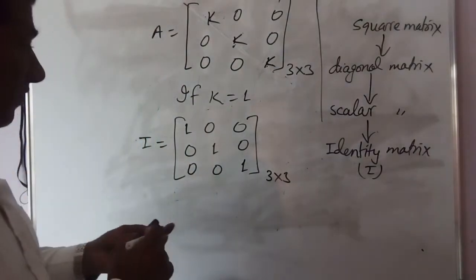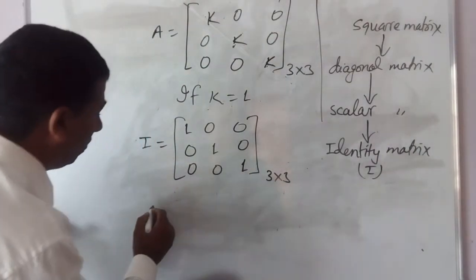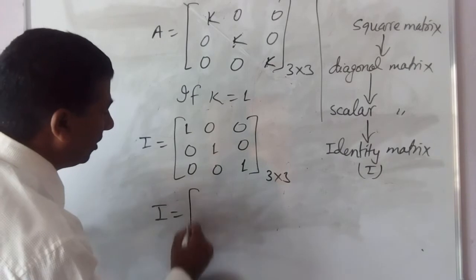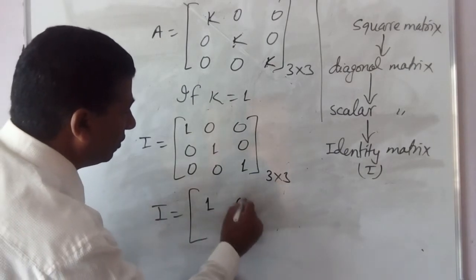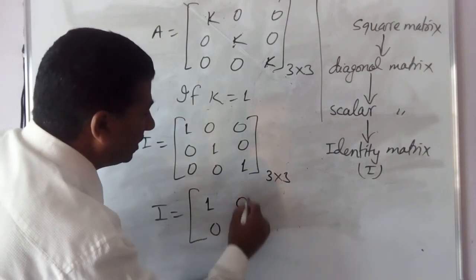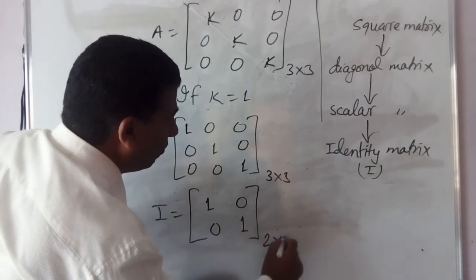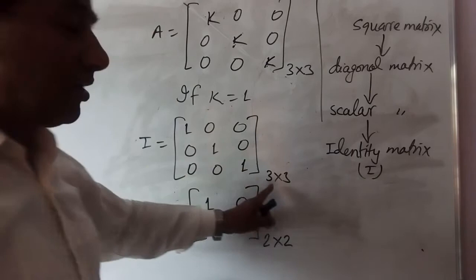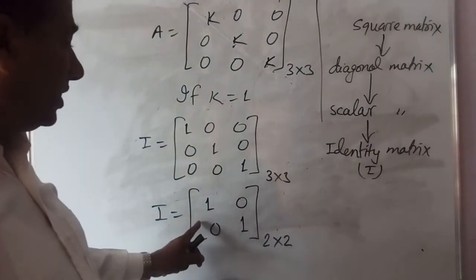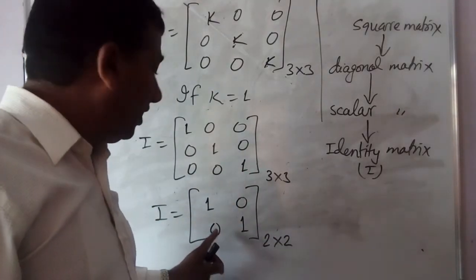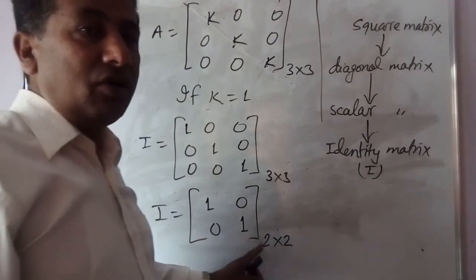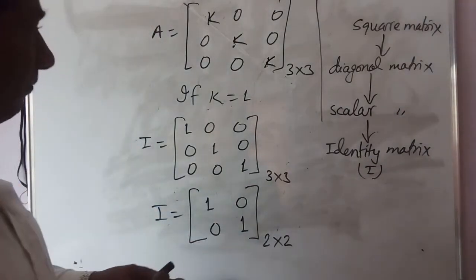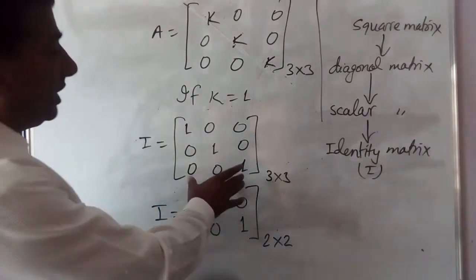Now this is of order 3 by 3. Now we can make an identity matrix of 2 by 2 order: 1, 0, 0, 1. This is of 2 by 2 order. This upper one is the multiplicative identity matrix of order 3 by 3, and this one is the multiplicative identity matrix of order 2 by 2.